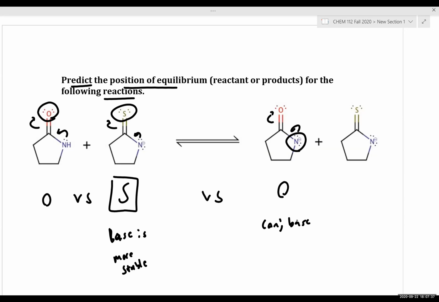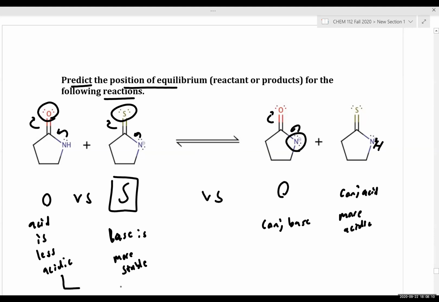Because our base is more readily able to stabilize its anionic charge, our base is more stable, and in turn, that means our conjugate acid is more acidic, while our original acid is less acidic.